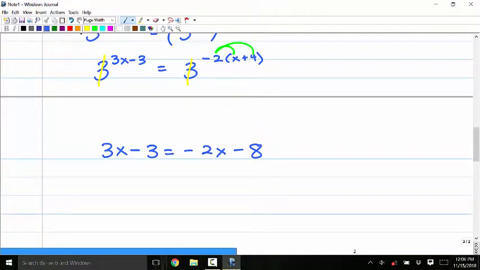Add 2x. X minus 3 equals negative 8. X equals negative 5. Good. That was number 4.